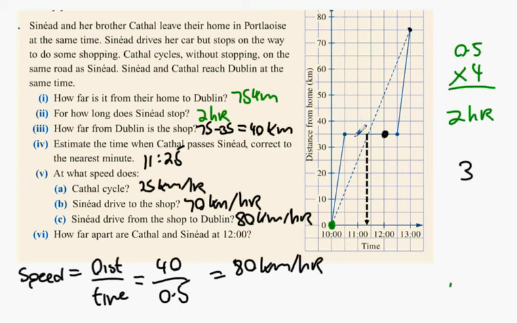She's still in the shops, isn't she? Where's Cottle located at the same time? 50. So what's the gap between the two of them? There's 3 blocks. Each block is worth 5. So that means it's 15 kilometres. Everybody alright with that?